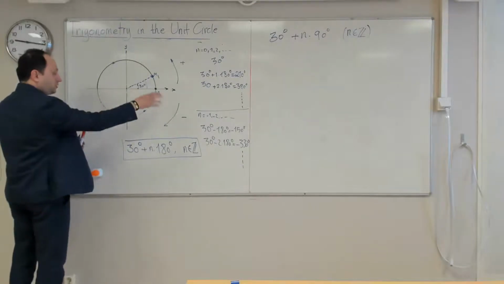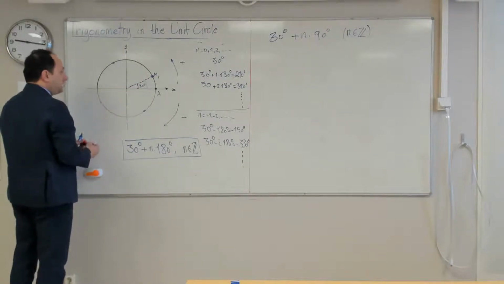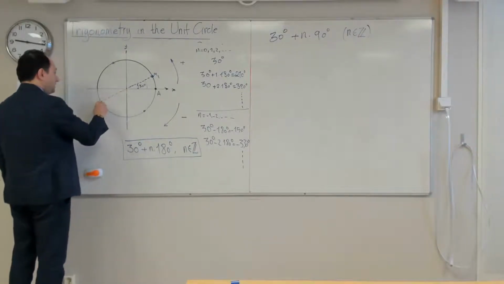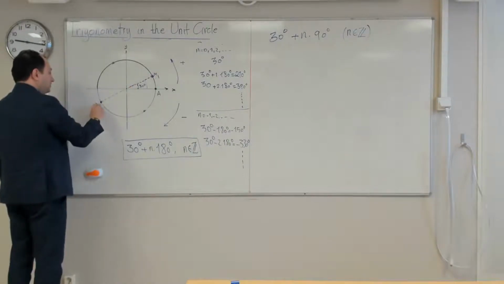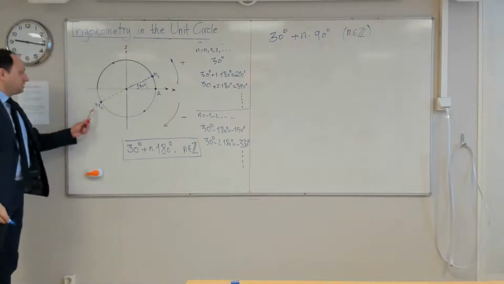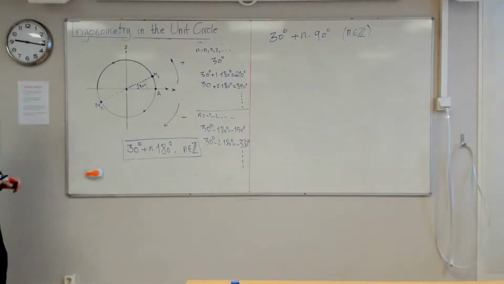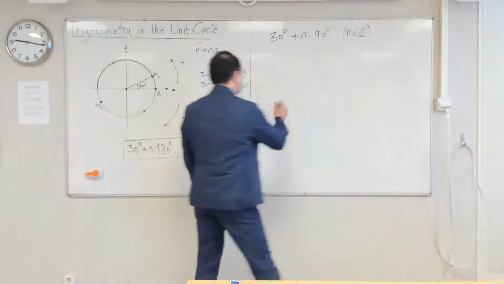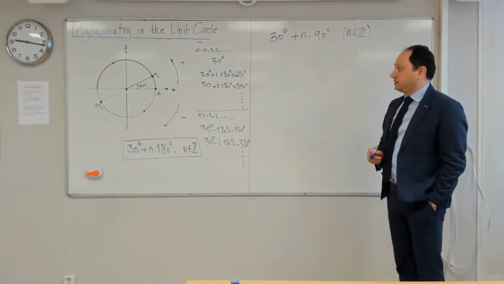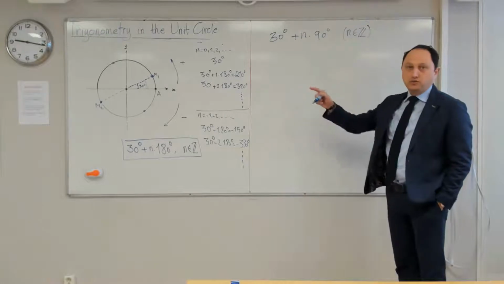Can you write, of course you had it already on the board, can you give me a formula that generates only these 2 points? M1 and M2. Okay, we already had the solution. Can you write a formula that generates this? What is the formula generating only these 2 points?